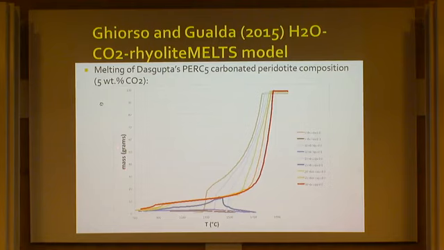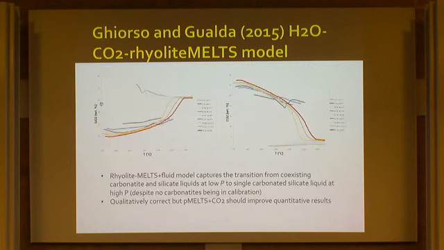And you get this long tail where you get a small amount of very carbonate-rich melt, and then a sudden increase in melt productivity, and then this is completely molten.